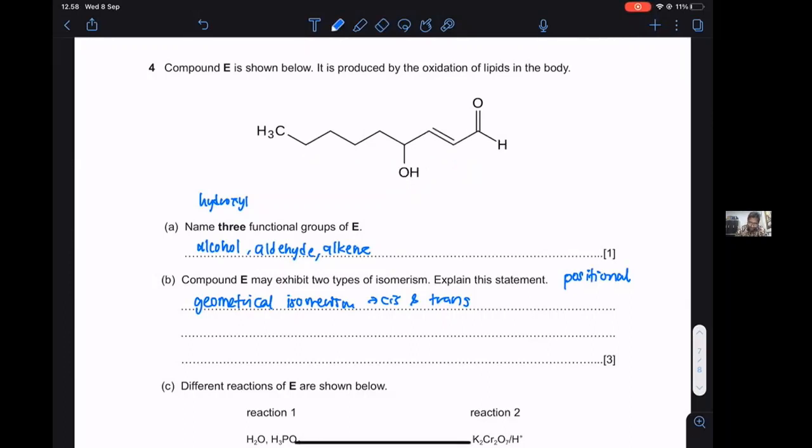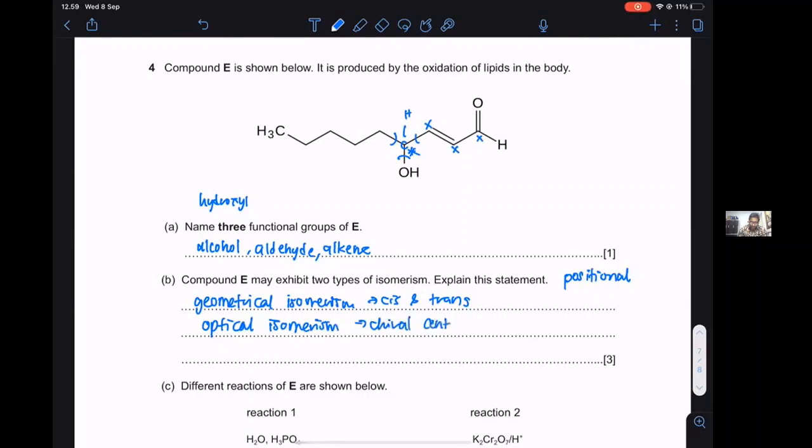Here I see no optical isomerism, as there aren't 4 different groups. But here the carbon has a different group, different group, different group, and hydrogen, so there is going to be a chiral center. So you can say that there is optical isomerism, because there is a chiral center.